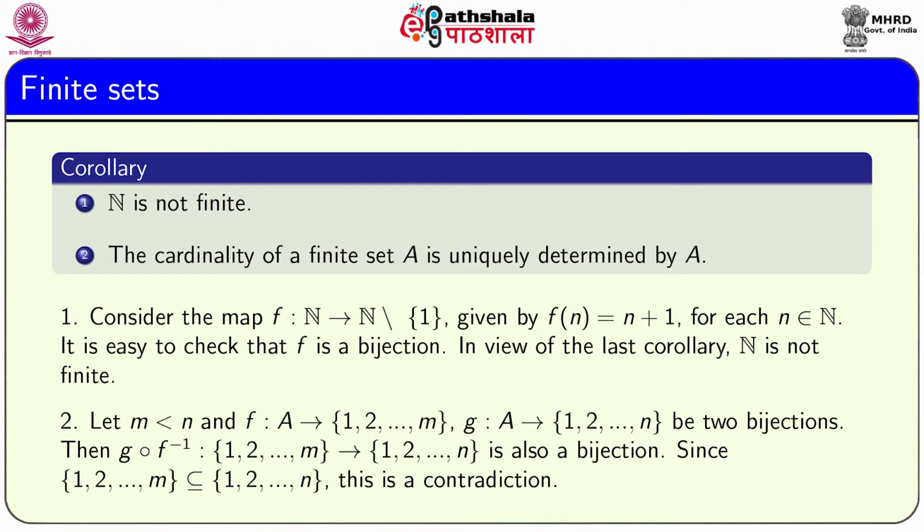Let us consider a map F from N to N minus 1 defined by f(n) equal to n plus 1 for every n belonging to N. Then it is a very easy exercise to check that F is a bijection. In view of the last corollary, N cannot be finite.